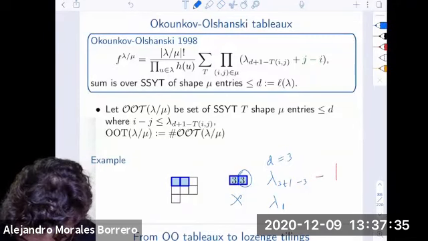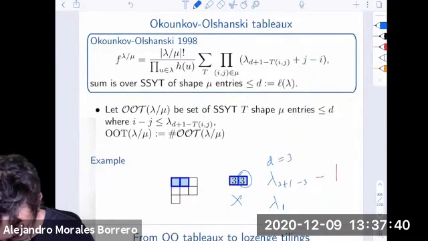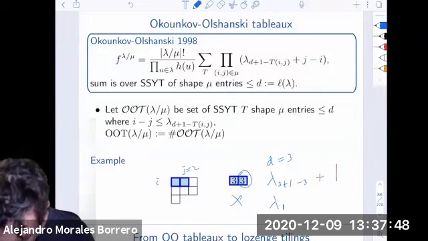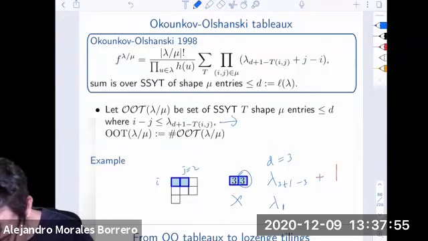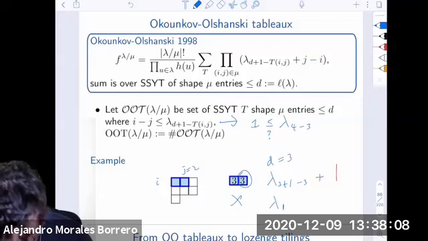Sorry, is j the row index or the column index? It should be the column. So shouldn't it be plus 1? Oh yeah, plus 1. Thank you, Brendan. Let's see if I get this right. Oh, I should use this inequality. So the content here is 1, and let's see if this is less than lambda 4 minus the value of the tableau, and that's lambda 1, which is 3, so that's okay.